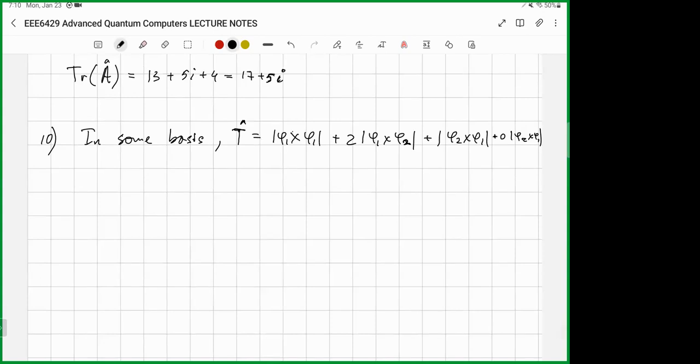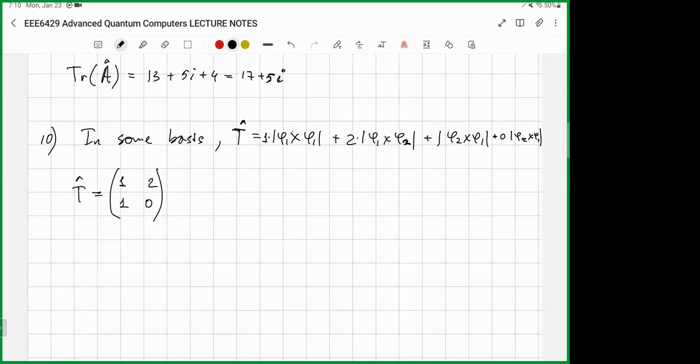So I can go ahead and transform this representation to the matrix form, right? I have this 1 here, then 2 here, then 1 here, and 0 here. That's it.